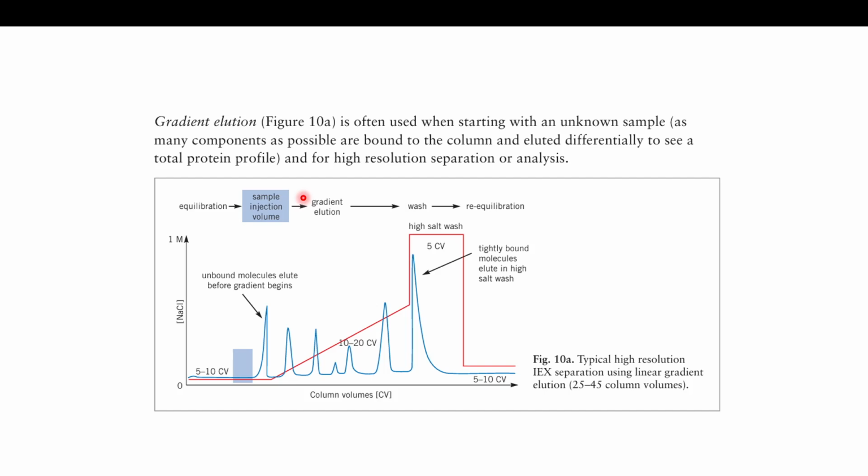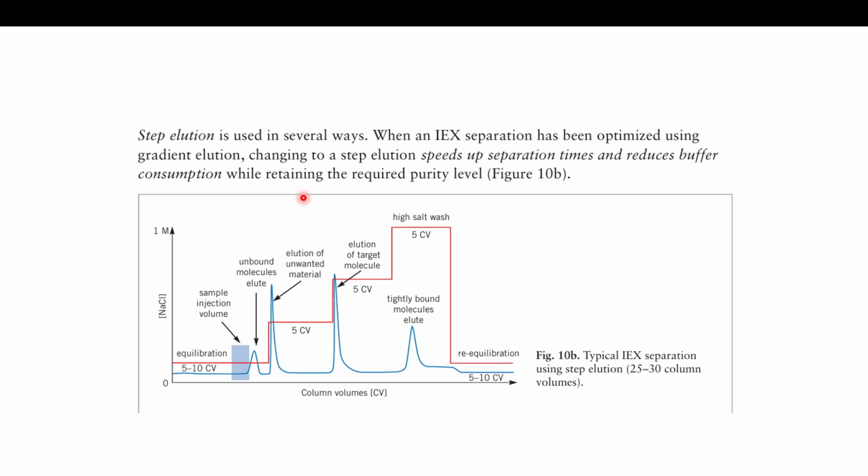Okay, when we are talking about protein, you end up making a lot of buffers for gradient elution. A comparatively larger volume of buffer is required. But when you have optimized, suppose you know that your protein elutes at 50% of the highest, 1 molar salt, or it elutes at 500 millimolar of salt.